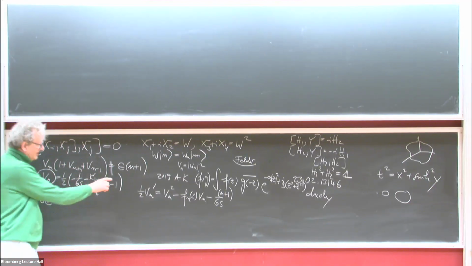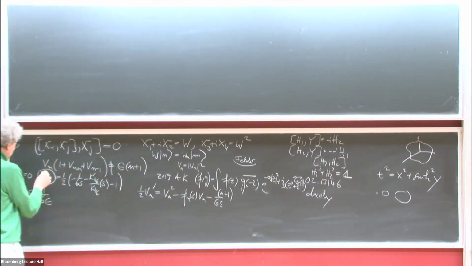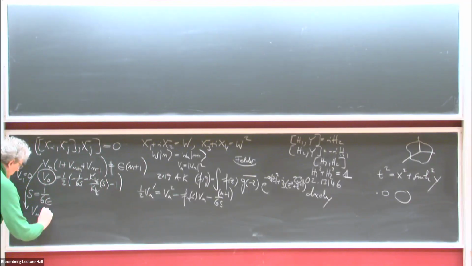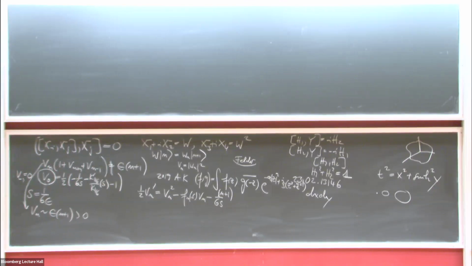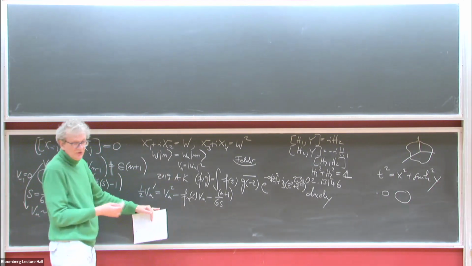So if you know that they satisfy this equation, you know from this that the Vn goes, as epsilon goes to 0, like epsilon times (n plus 1). So if epsilon is positive, this is positive. And it's absolutely elementary that it has to stay positive.